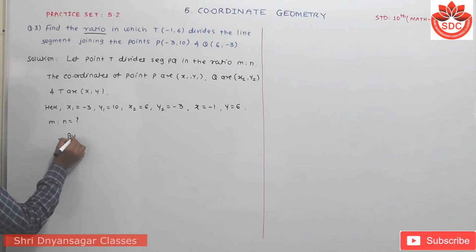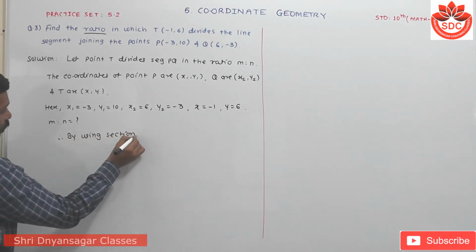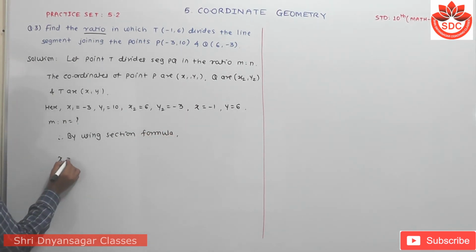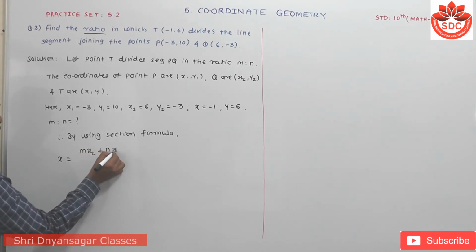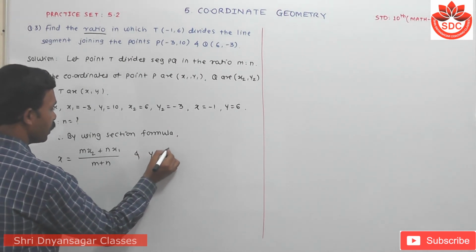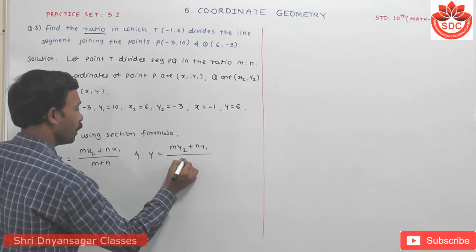Therefore, by using the section formula. The section formula is x is equal to (mx2 + nx1) upon (m + n) and y is equal to (my2 + ny1) upon (m + n).